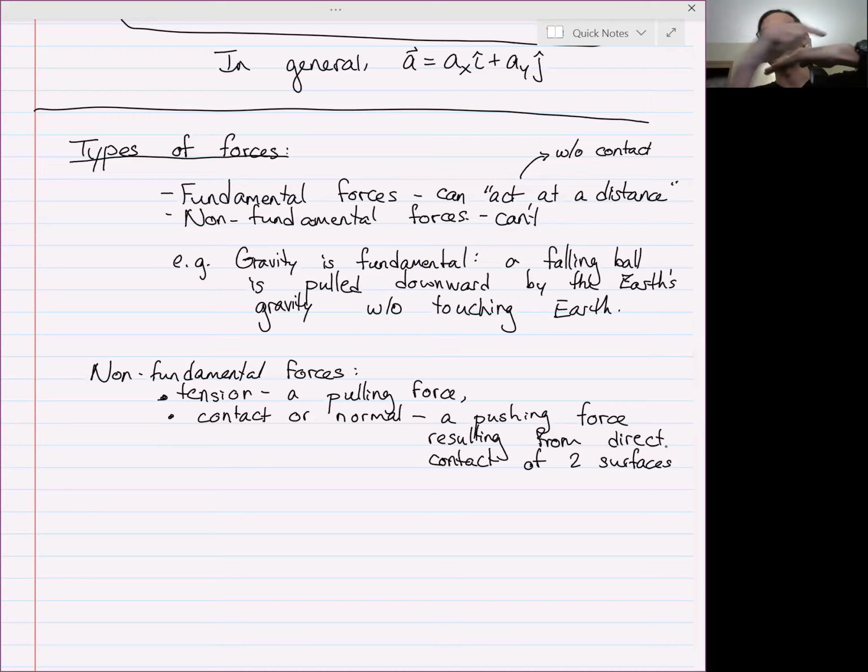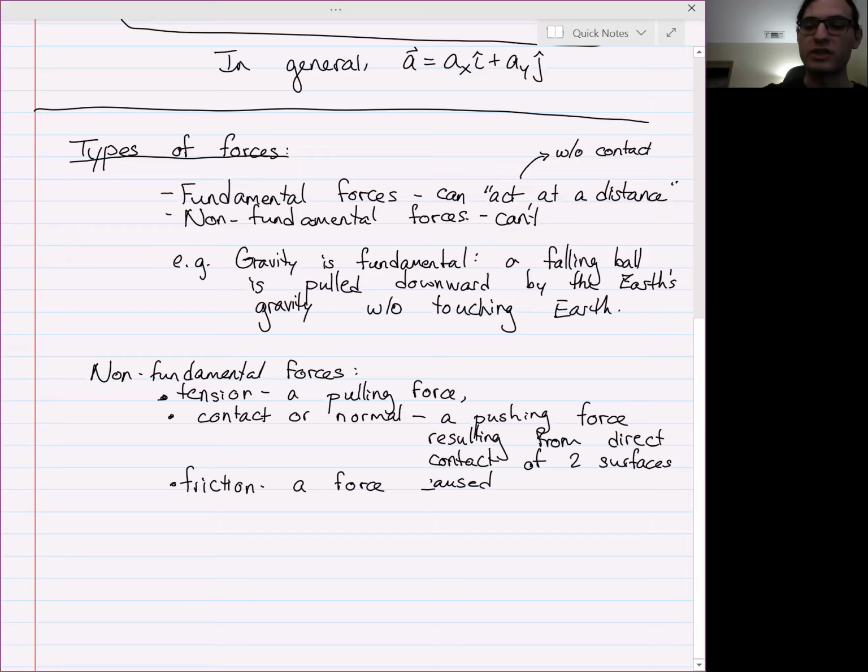It'll never be shear. There's also friction, which is a force caused by rubbing of two surfaces. And it opposes, this is important, relative motion of the surfaces.